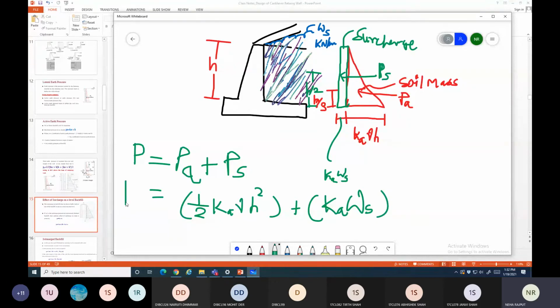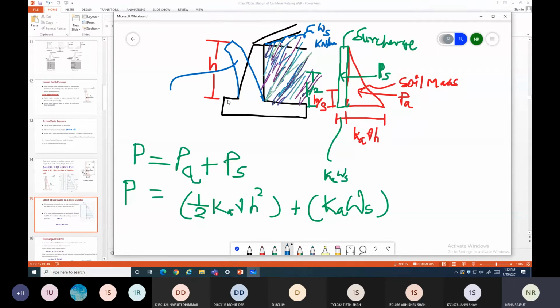So this will give the total pressure value, and due to this total pressure the stem will deflect like this, like the cantilever portion. This is the deflection shape of the cantilever stem part.